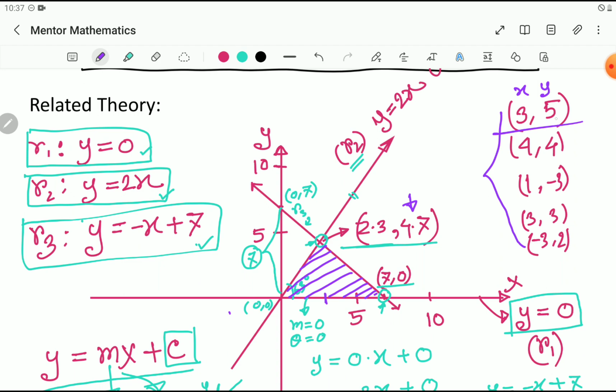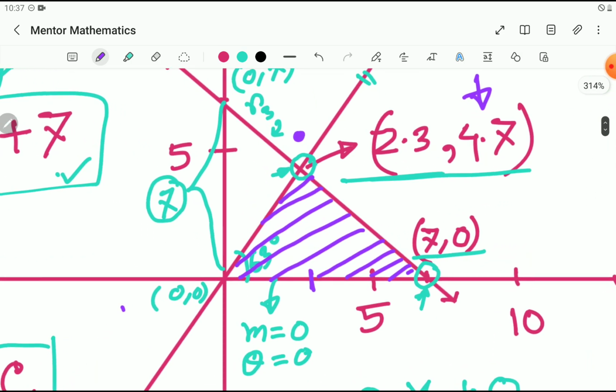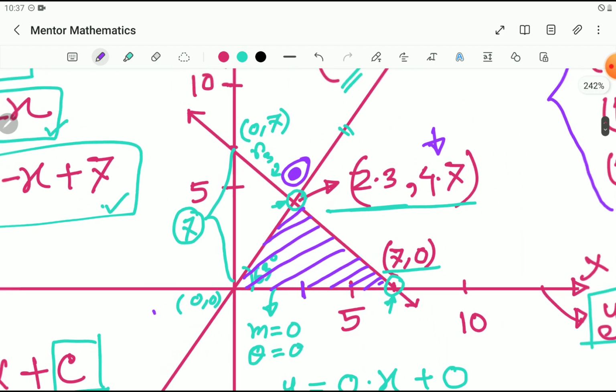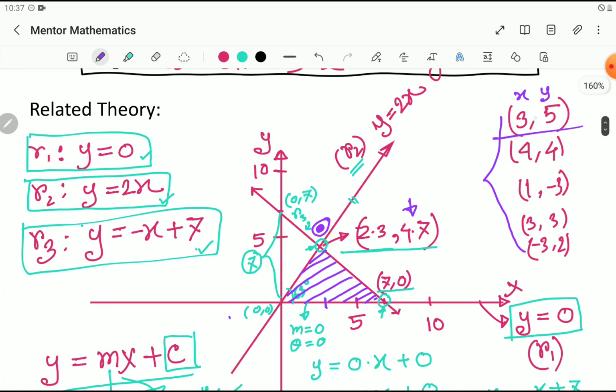Therefore the point (3, 5) is somewhere here. I hope you can see here. Okay, somewhere here. So we can say the first point is outside of the triangle, so this cannot be the answer. How about the second point, (4, 4)?